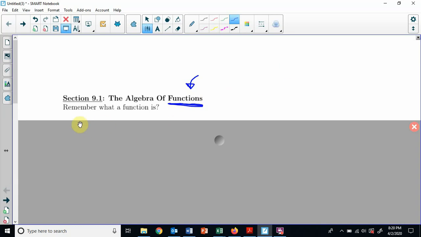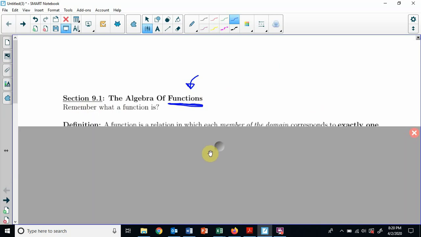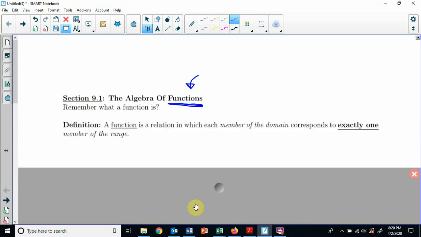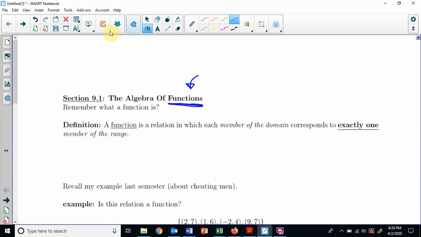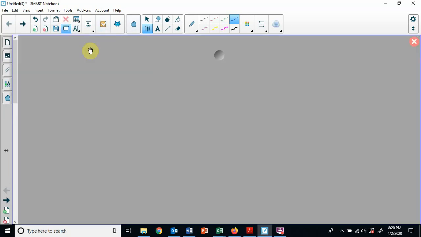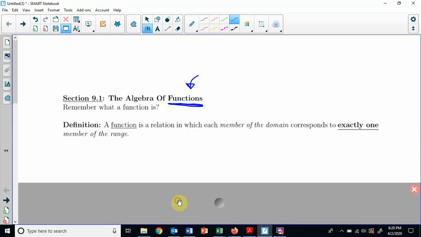All right. So the first question right off the bat is, remember what is a function? Who remembers what that is? Here's the textbook definition, which I want to tear apart to make it more easily understandable. It says a function is a relation. So there's the first bit.